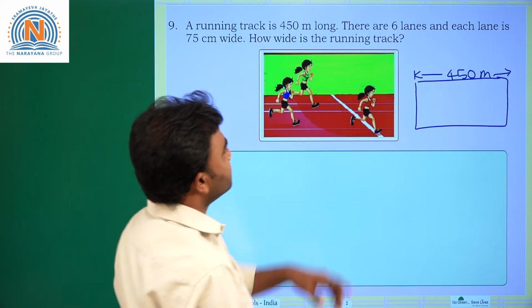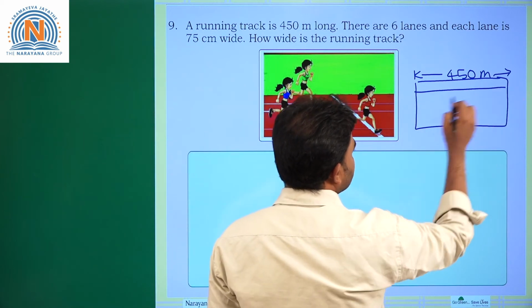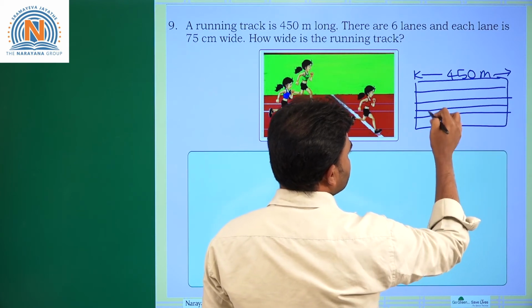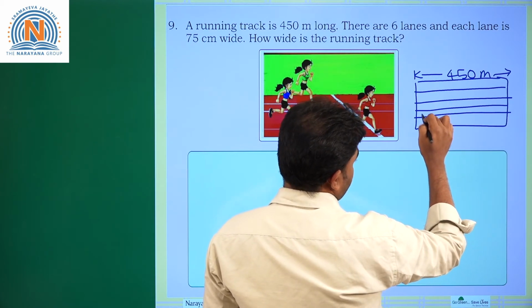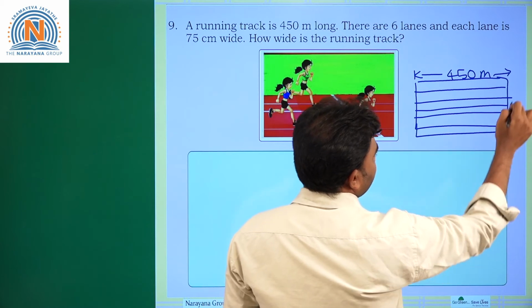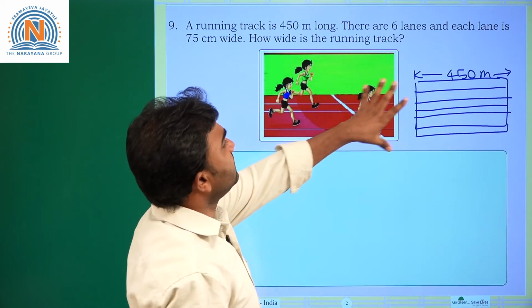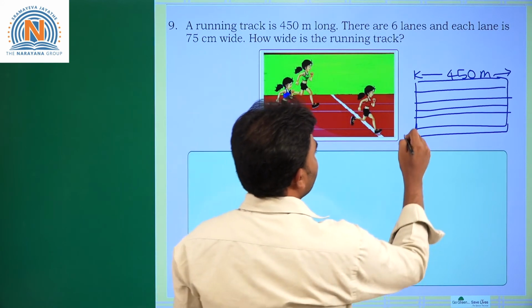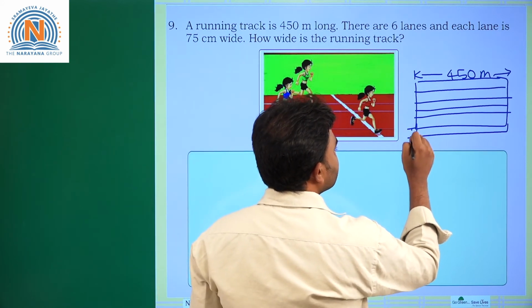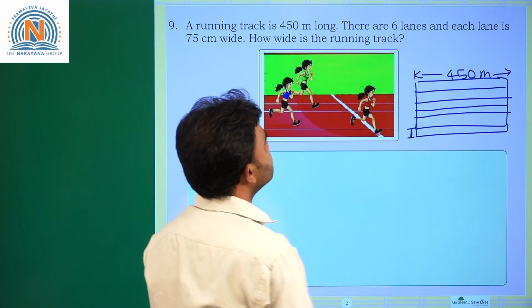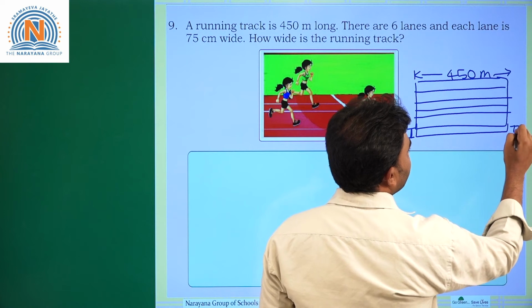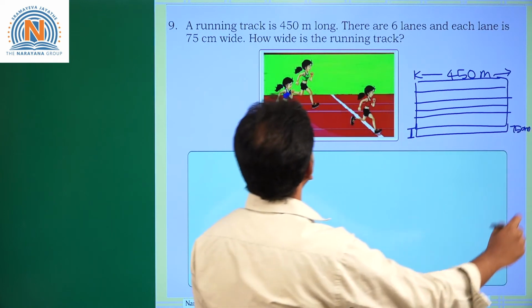There are 6 lanes, 1, 2, 3, 4, 5 and 6, and each lane is 75 centimeters wide. From here to here, the width of the lane is 75 centimeters.